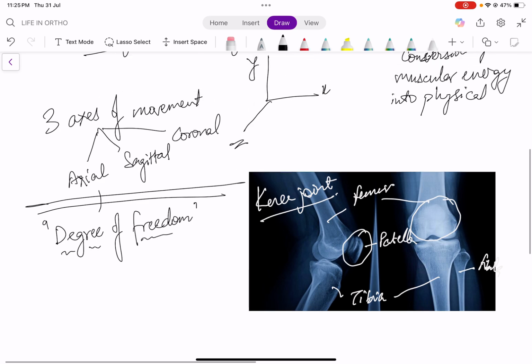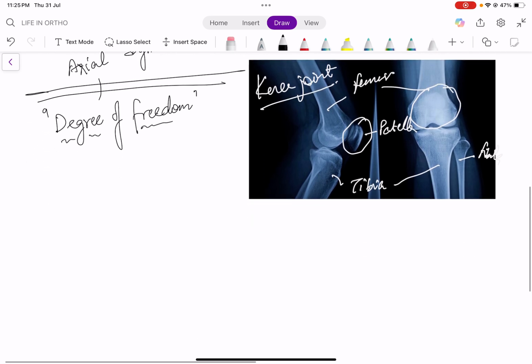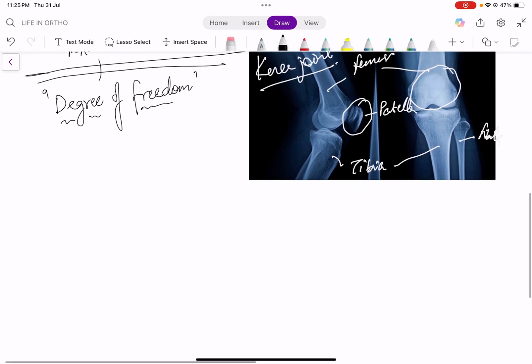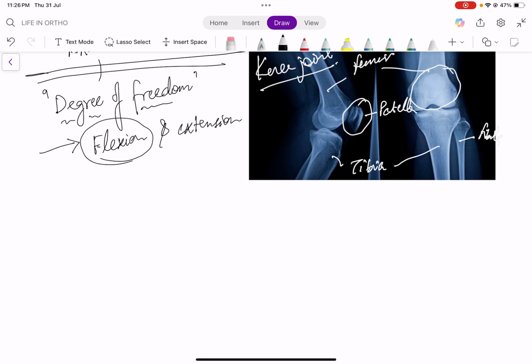So it is a uniplanar movement in the knee joint, suggesting that it happens in one plane, which is the flexion and extension plane. Now where did these words flexion and extension come from? All of this comes from a concept called the anatomical position of the body.